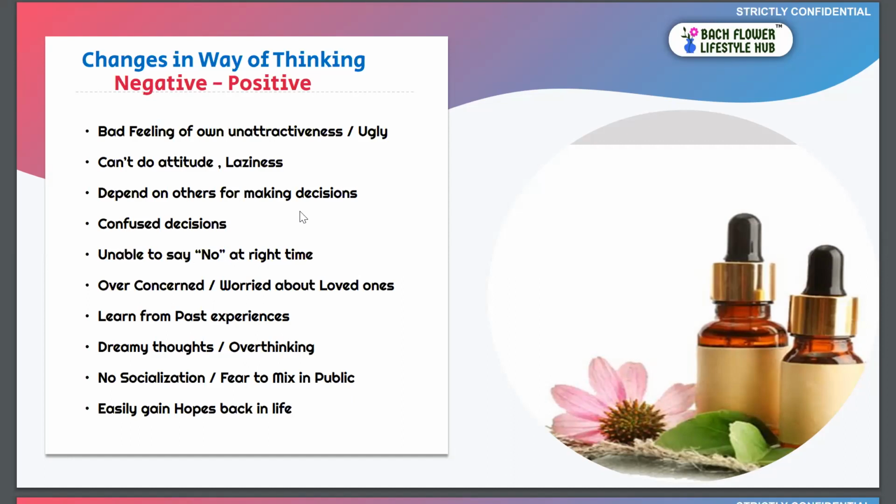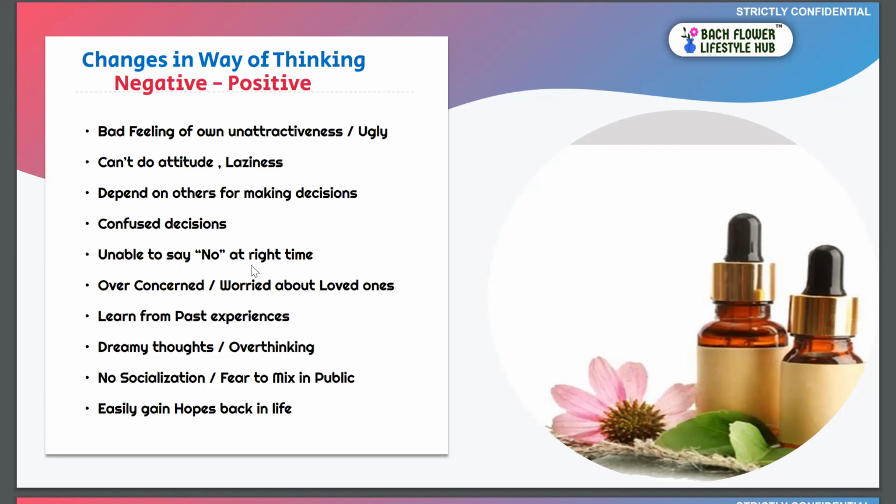Okay. Confused decisions. Some people are confused in choosing A or B. They know both A and B. They know the good and bad of A, and the good and bad of B, but they cannot make a judgment about which is better for them. So we can help them to take decisions.